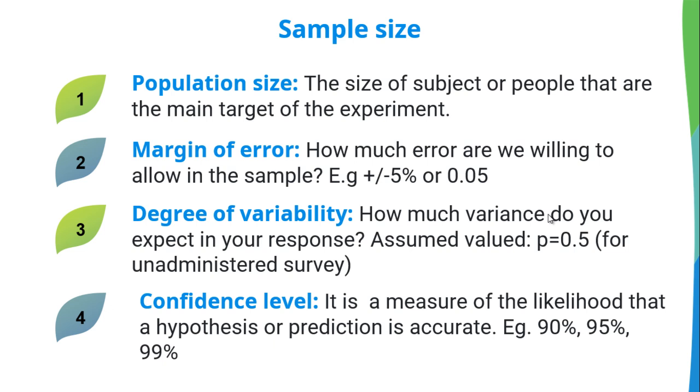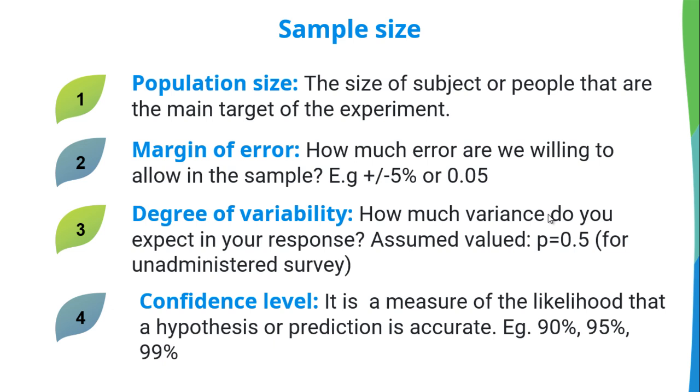Next is degree of variability: how much variance do you expect in your response? This p is not the p of margin of error; it's different. We have p equal to 0.5. This is for an unadministered survey.